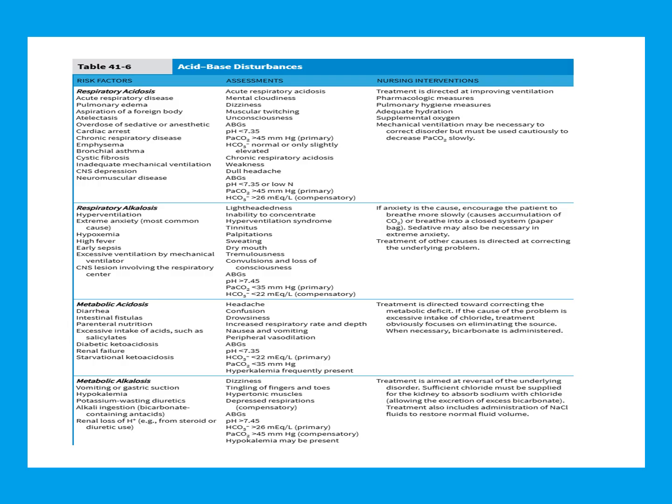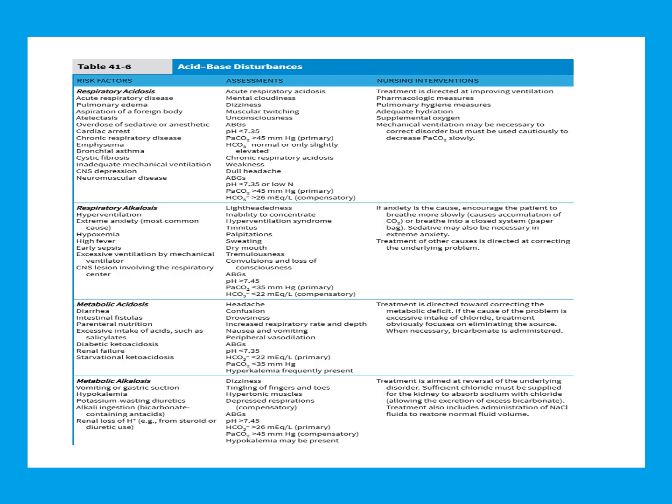It's a summary slide again, and we talked about a lot of these already, but respiratory acidosis could be due to aspiration of a foreign body, atelectasis, or maybe they've had an overdose of sedatives or anesthesia, causing them to breathe not as deep or slower.